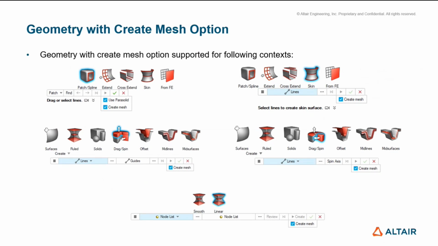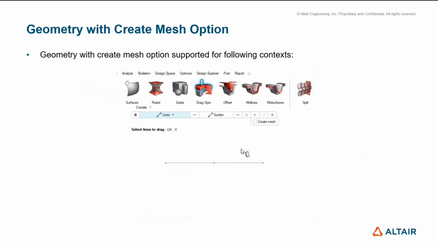The create mesh options for the other geometry tools have been added, which is what we used to see in the panels: surface only, mesh only, or create surfaces along with mesh. That option has been added as an anchor item to patch, skin, ruled, drag, and spin. You can give your input, and as long as the create mesh check option is on, here is an example I'm showing for the drag context, where you are creating a surface.